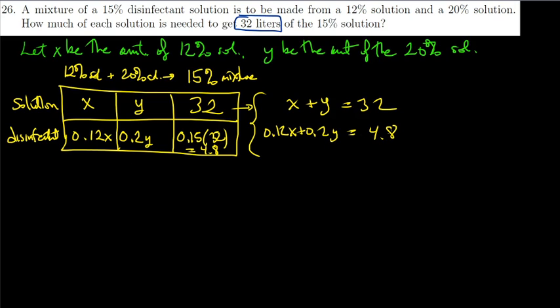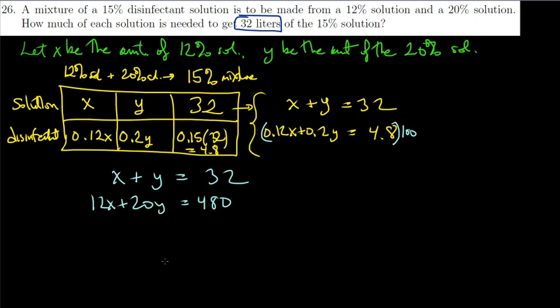Okay, so I'm going to do this very quickly. Just multiply the bottom equation by 100. Oh, you could get away with less, but let's do 100. So the first equation is just x plus y equals 32. The bottom equation is 12x plus 20y is equal to 480.